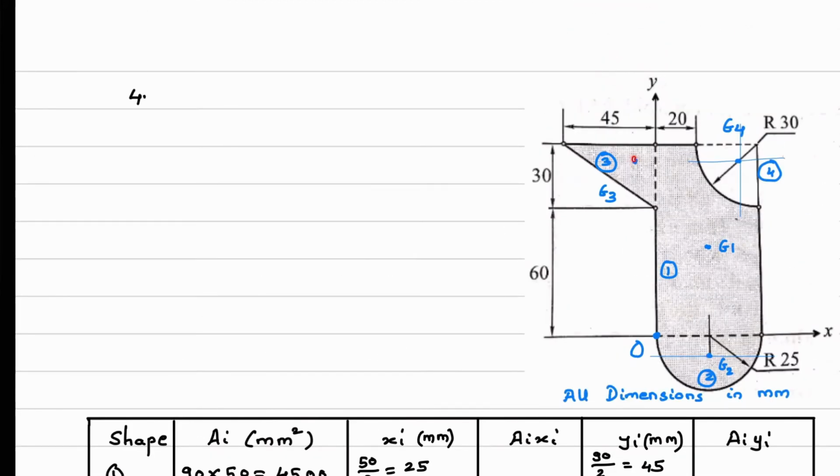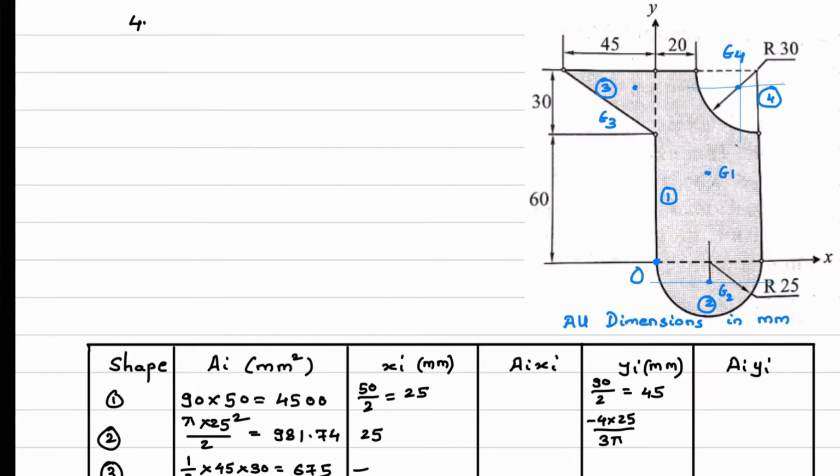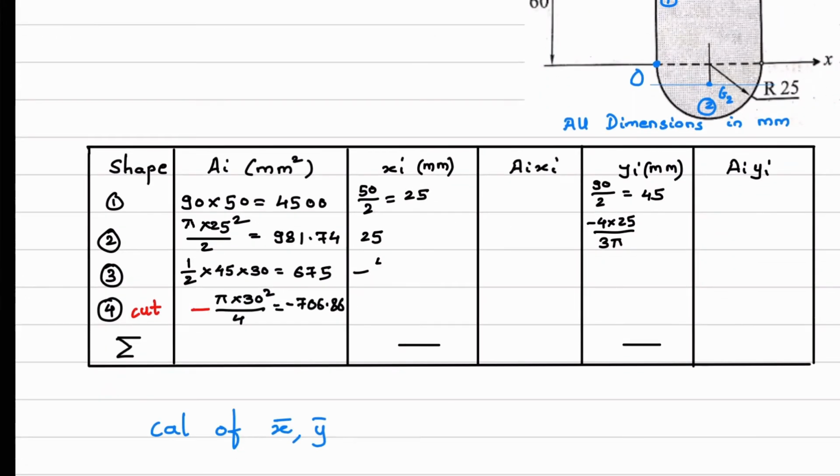What will be this distance? Since this corner is opposite of this hypotenuse, this much distance will be 45 by 3, b by 3. So minus 45 by 3. So x3 is minus 15.